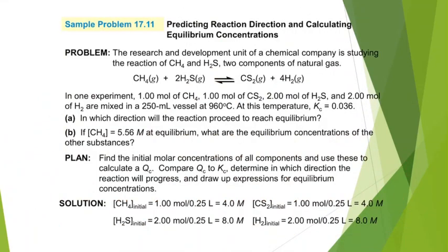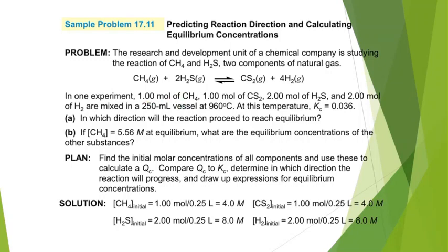So the last example that I want to discuss with you is when all components are introduced in a reaction container. Okay, so when we look at this question, we have a reaction of CH4 plus 2H2S produce CS2 and 4H2.